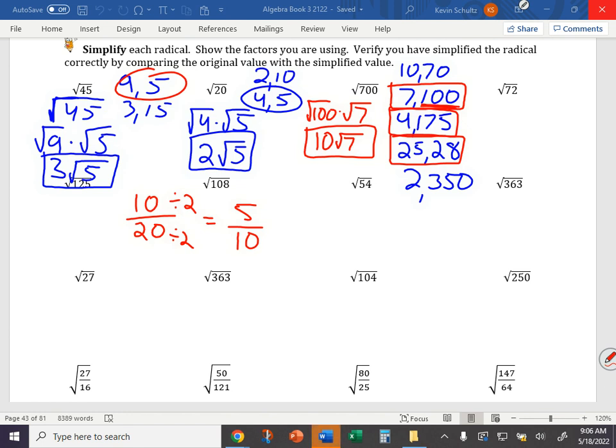Okay? Let's just say you didn't think of 7 and 100 and instead you went with root 25 times root 28. Let's just see what happens when we don't pick that largest perfect square. Root 25 is 5. Root 28, we don't know, we don't care. However, what can we do with that root 28?